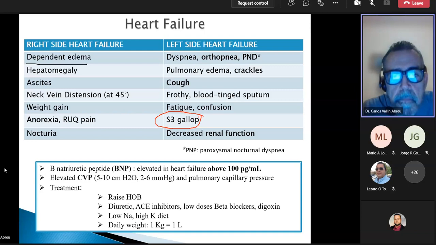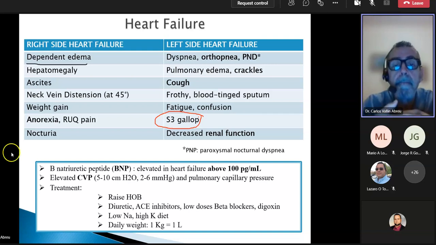The S1 is the beginning of the systole when the mitral valve closes. Those sounds are produced when the valve closes. When the valve opens, normally they don't produce sounds.